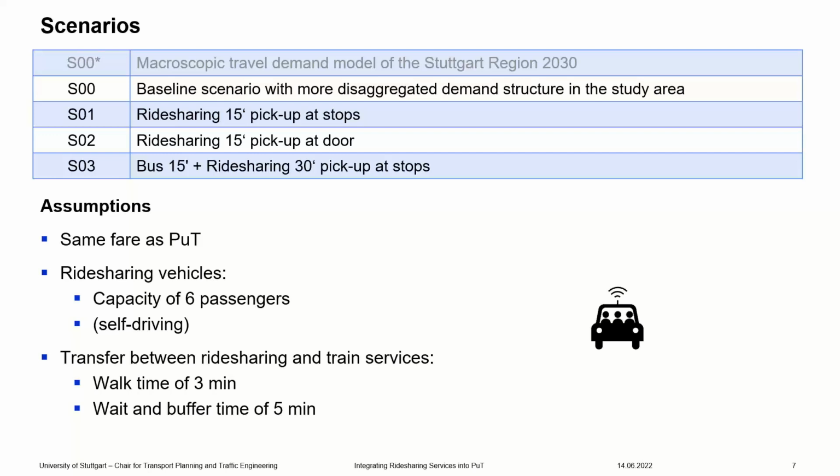In the first 2 scenarios, we are offering a ride-sharing service that has a maximum waiting time of 15 minutes for the ride-sharing passengers. And in the first scenario, the pickup of the passengers is at stops, and in the second scenario, the pickup of the passengers is at their doorstep.